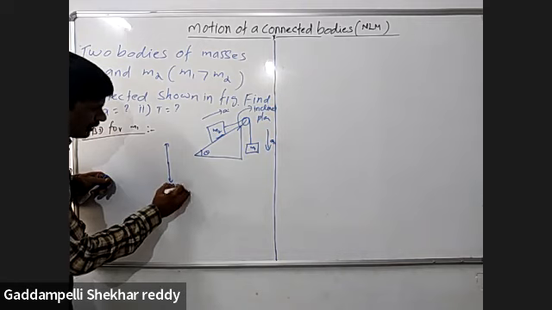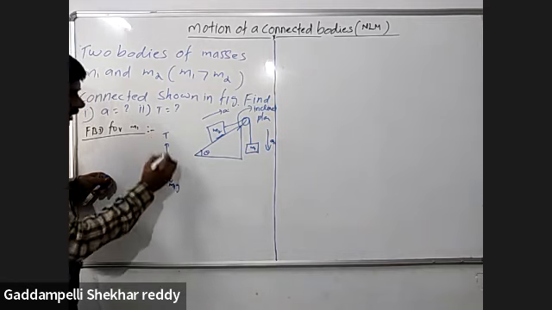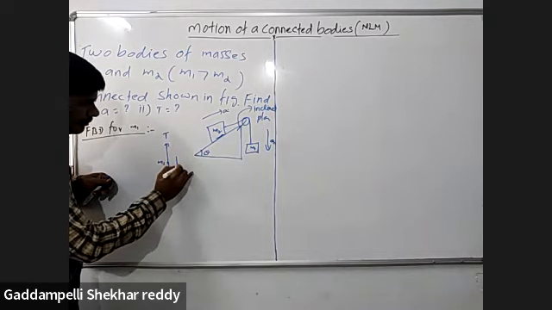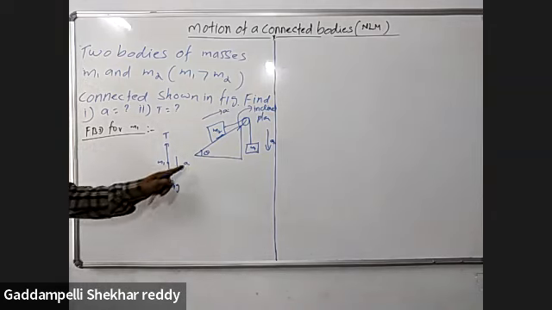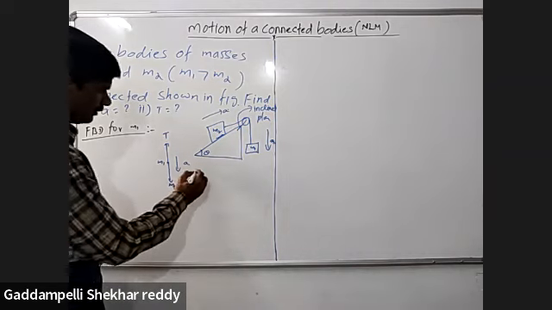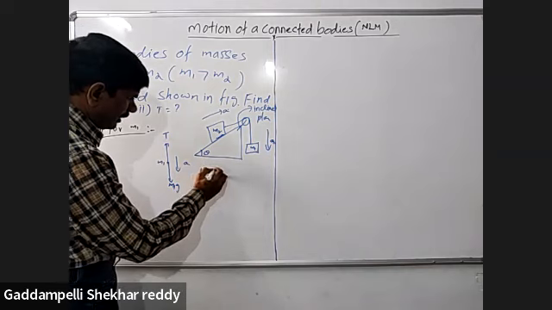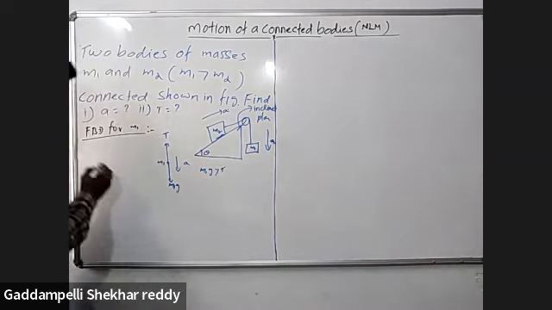The weight of the body acts downward, the tension acts upward, and the acceleration of the body is downward. Acceleration downward means the resultant force is downward, so M1G is greater than the tension.